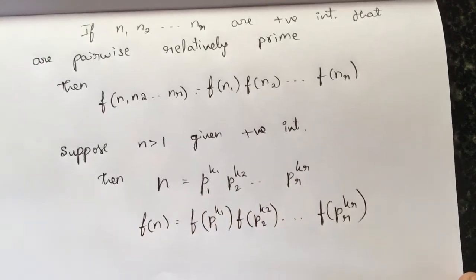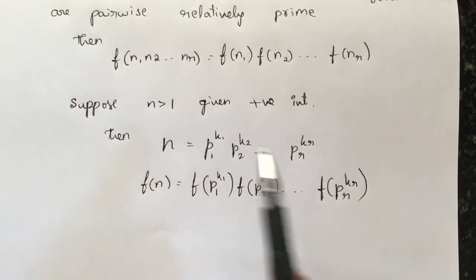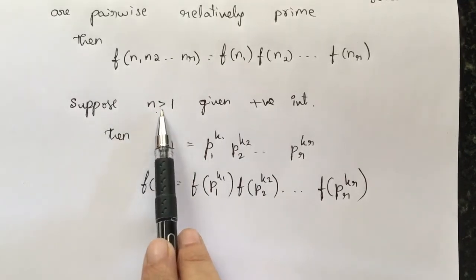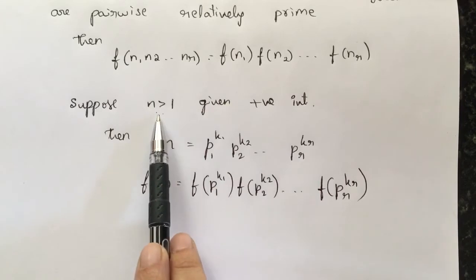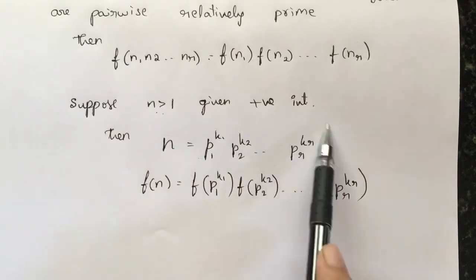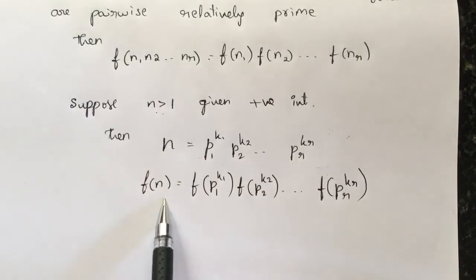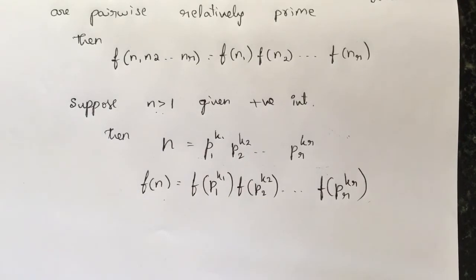This is possible when the pi's are relatively prime. Here I have taken n as a positive integer greater than 1, so it can be written as a product of primes, that is, the canonical form of n. So when this is written, f of n can be written like this.